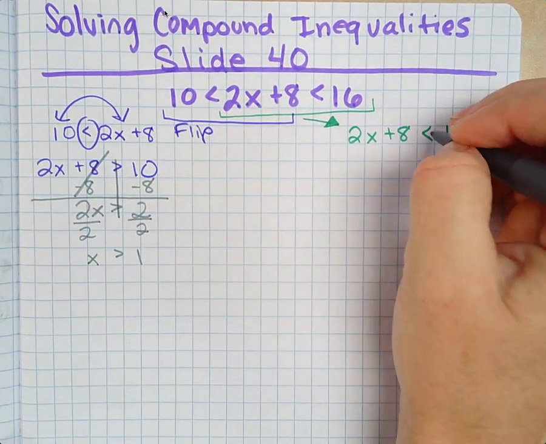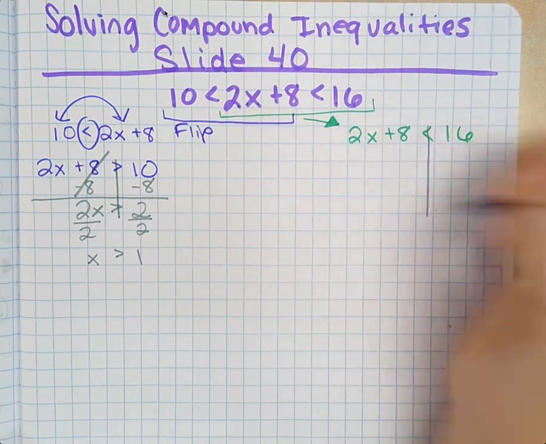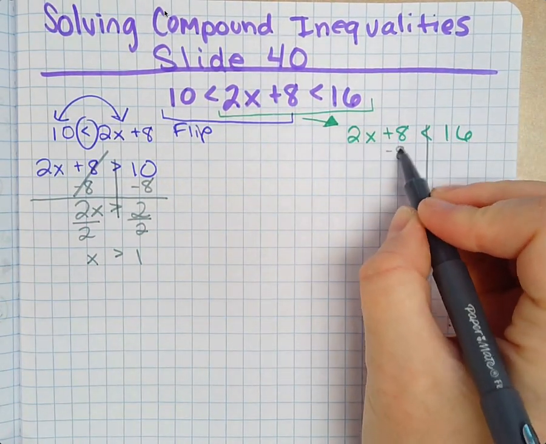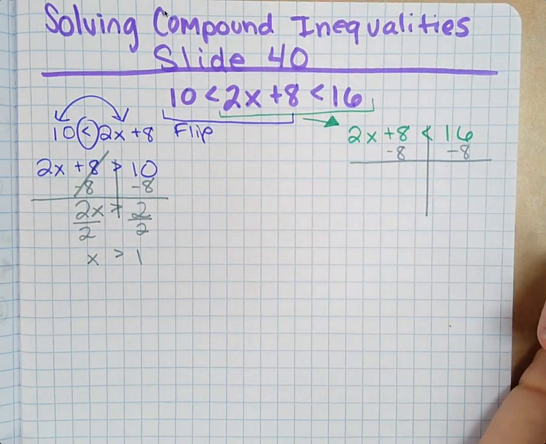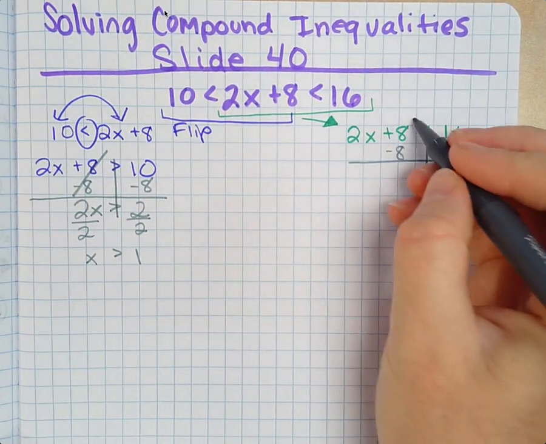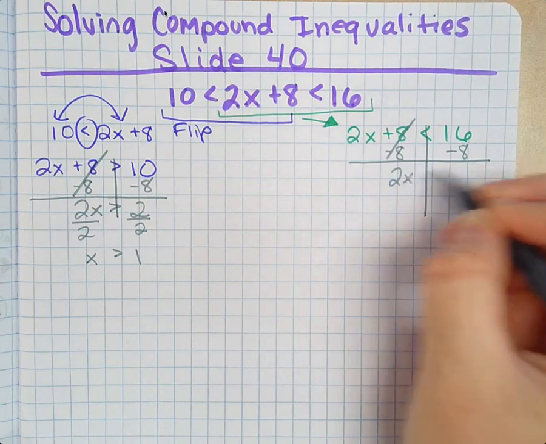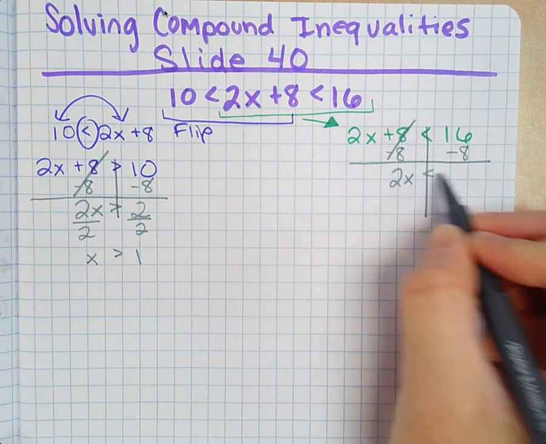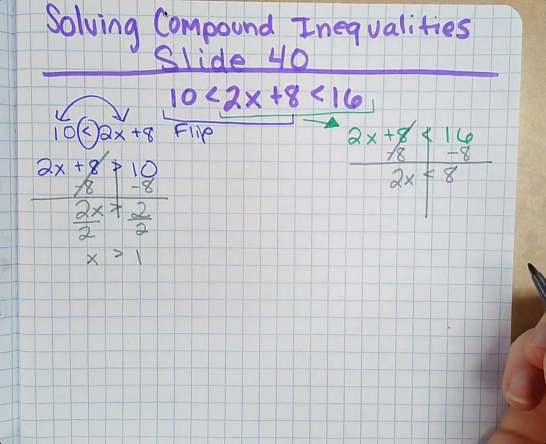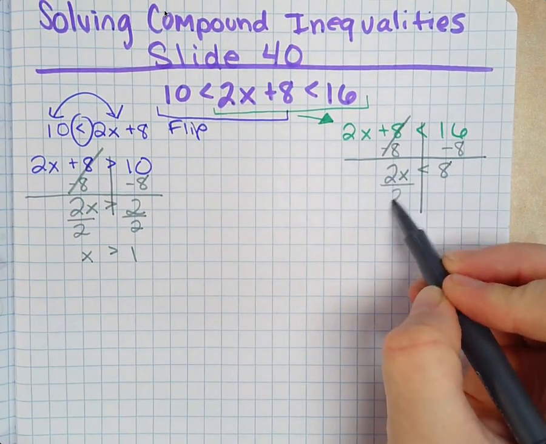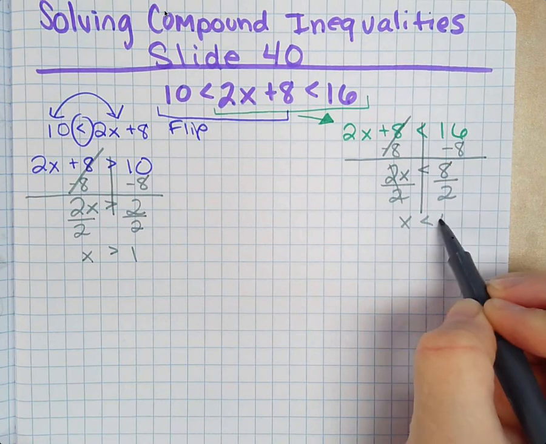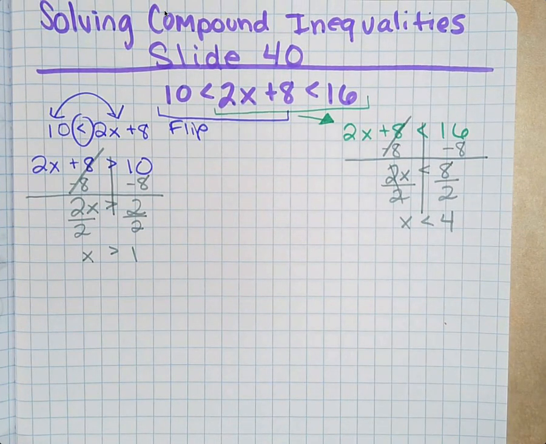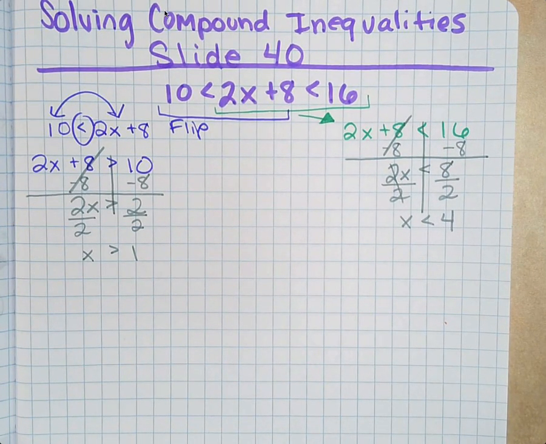And then the other one, subtract 8. 2x is less than 8. Divide by 2. So x is less than 4.